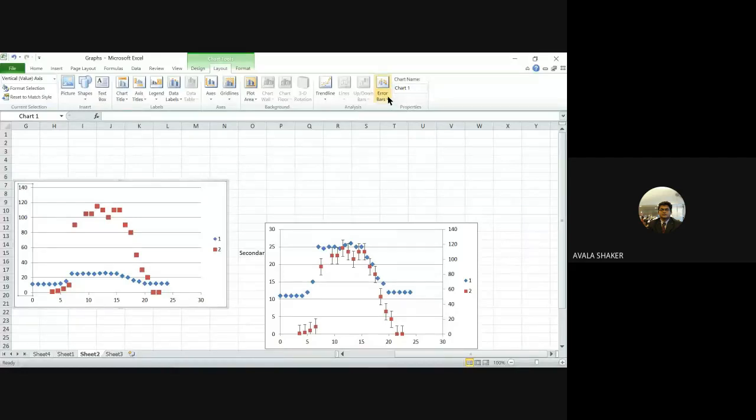This is error bars. We can plot the error bars from here. Where did it go? Vertical axis. Vertical value.